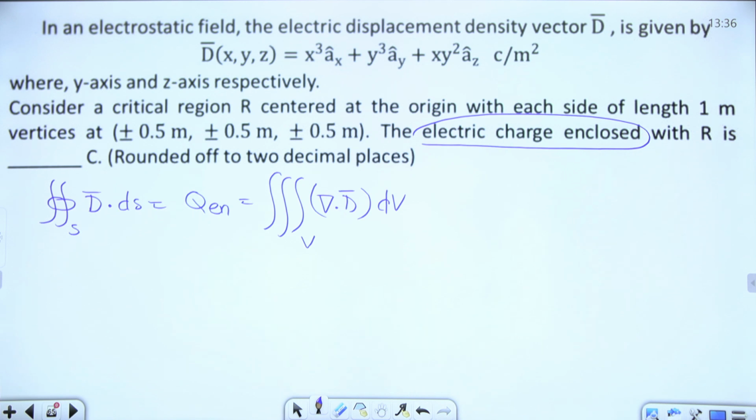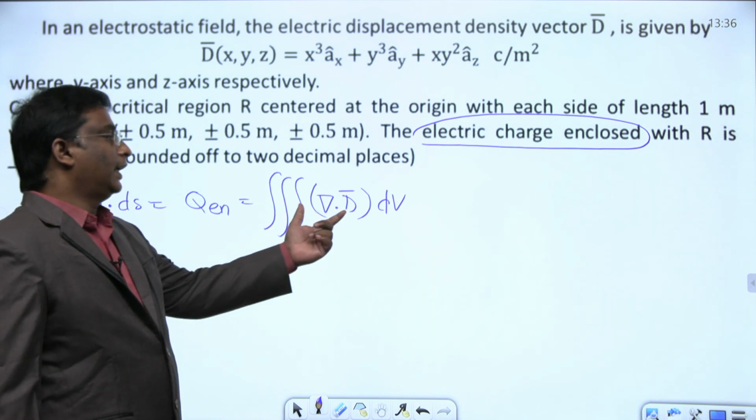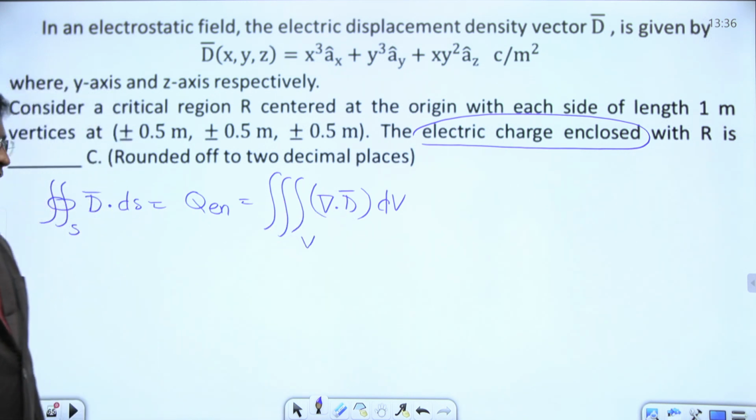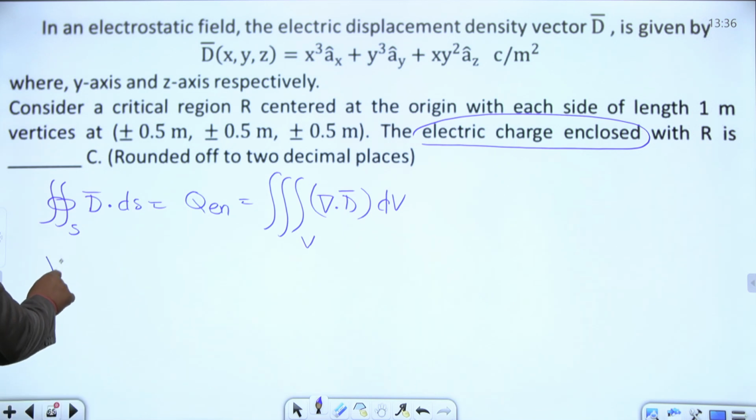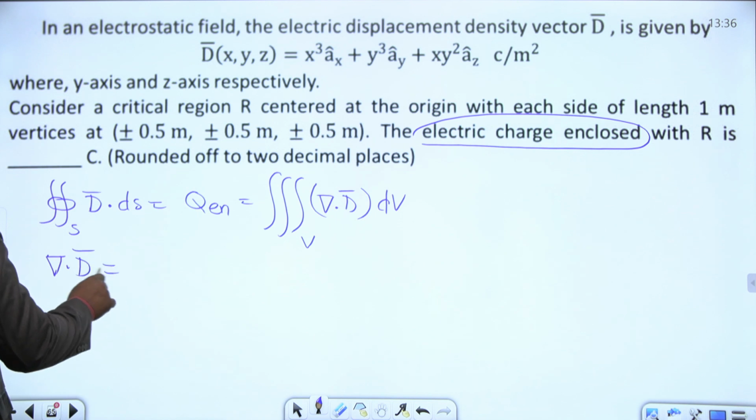If you know D bar, first find del dot D bar, the divergence. How to find del dot D bar?